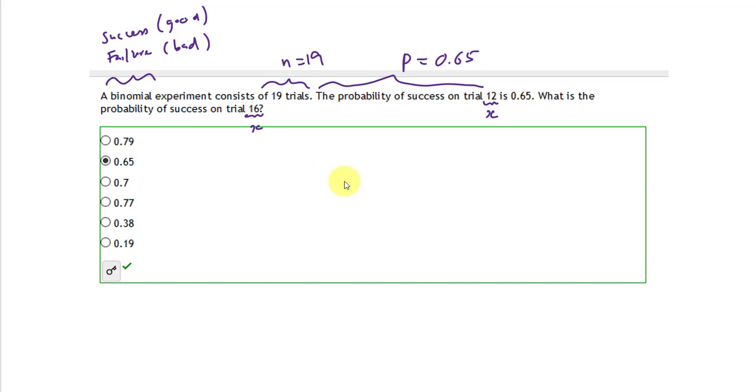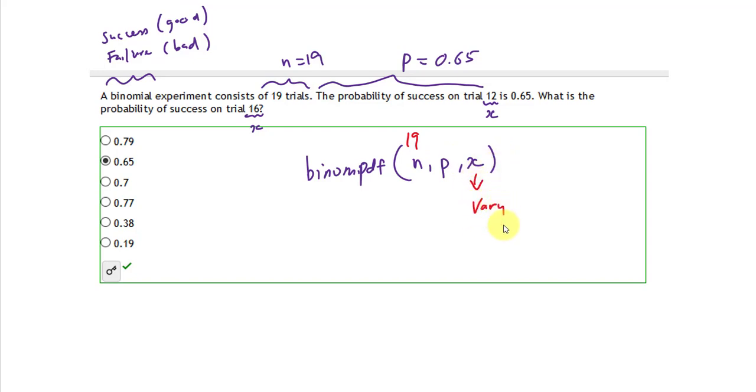If you recall your binomial pdf function on a TI-84, we take the inputs of n, p, and x. X is the number that could vary, in this case 12, 16, 10, 11, up to 19, and n is always 19.